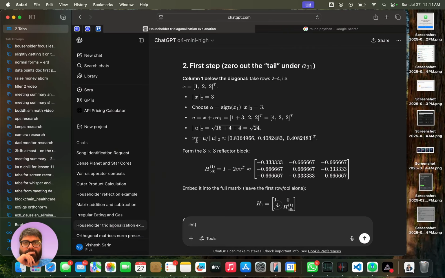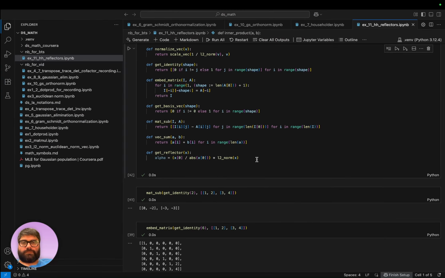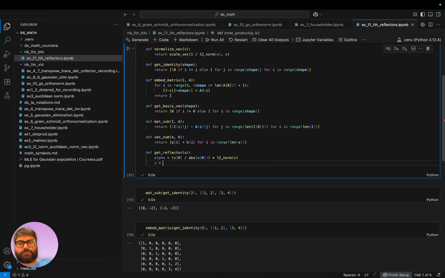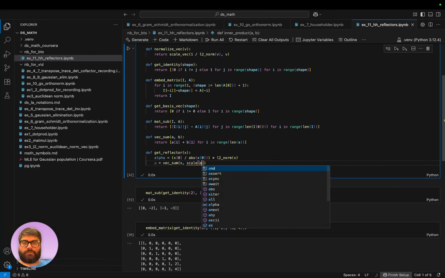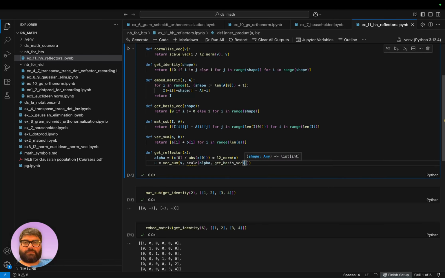And then u is x plus alpha e1. So I'll just do x comma scale alpha, get basis spec.